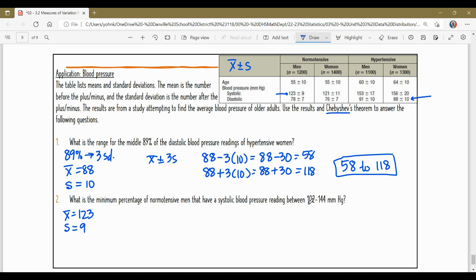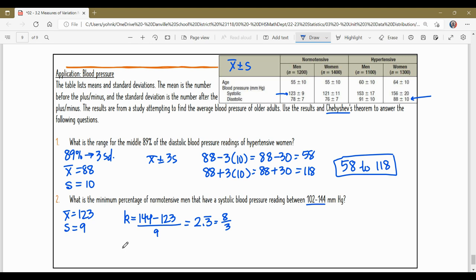I want the percentage between 144 and 102. So that means I need to find my K value. My K value says take the high end of the range, 144, subtract the mean, 123, and divide by the standard deviation, 9. If I do this, I get 2.3 repeating, or 7/3.